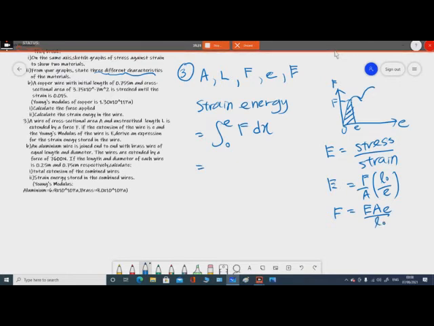Okay, so this is what we want. So this E is actually X, which is the one we need to integrate.